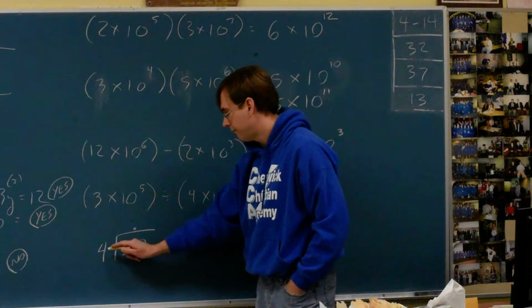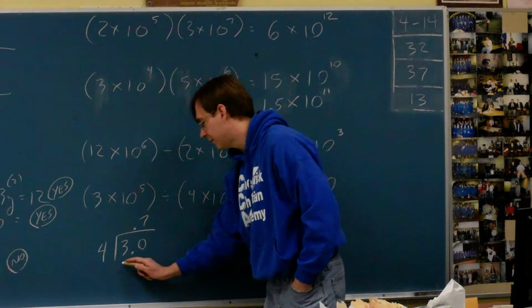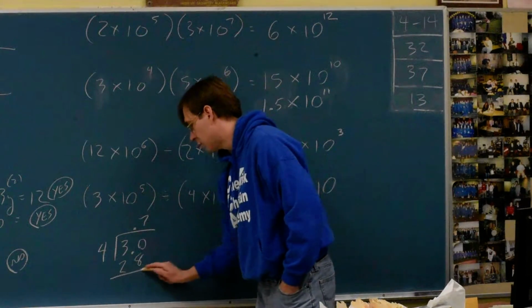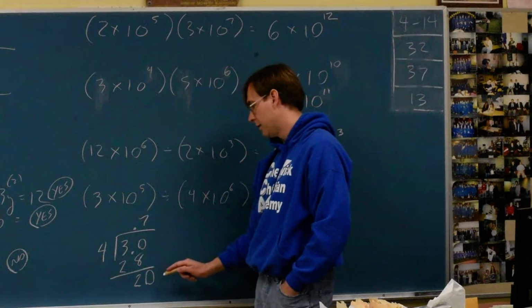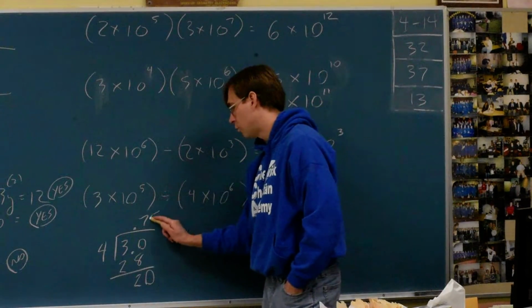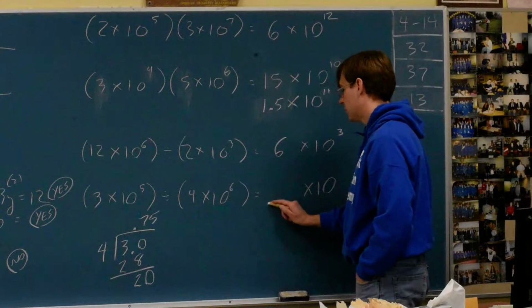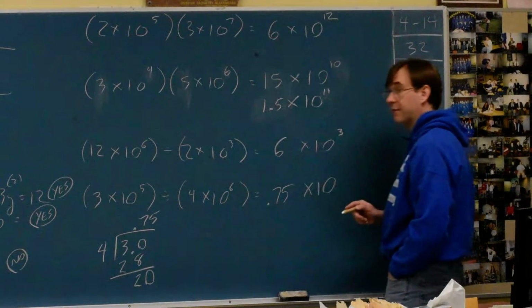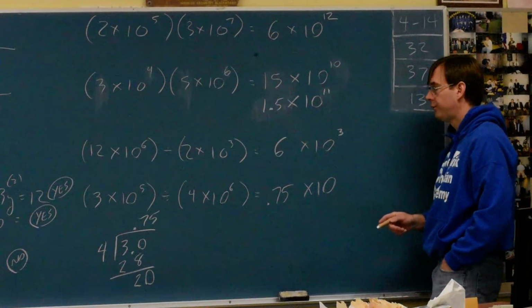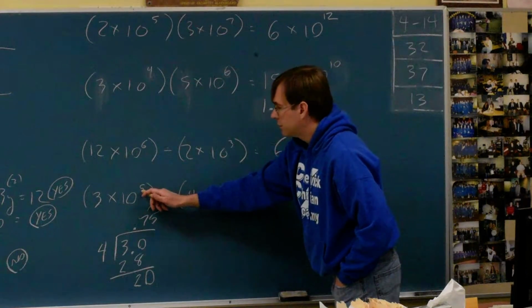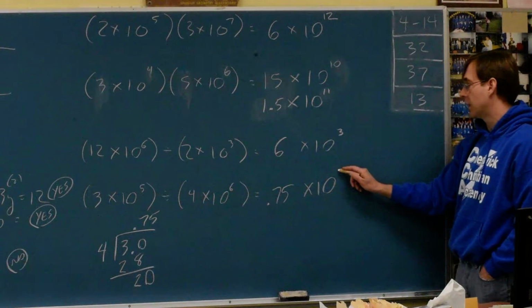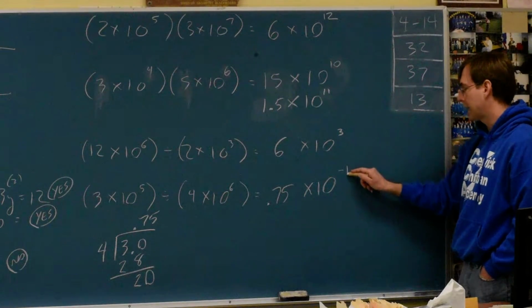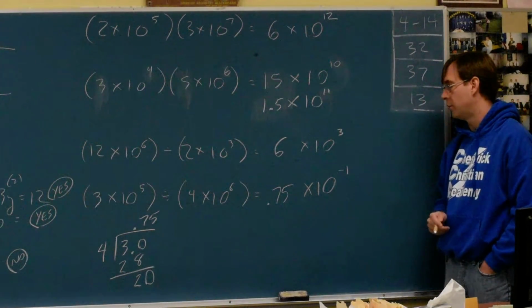Decimal goes straight up. 4 into 30 is 7. 7 times 4 is 28. Subtracting is 2. Add another 0. 4 into 20 is 5. So we would get 0.75 for now. Subtracting powers, 5 subtracting 6, we're going to go negative. 5 subtracting 6 goes down to be a -1.